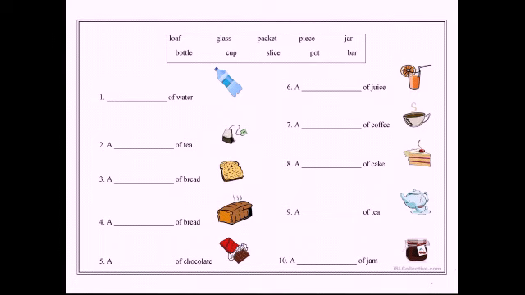That you all are familiar with, right? Okay. A dash of tea. A pot of tea. Last one, a dash of jam. A jar of jam. Or you can say a jar of pickle. All these are partitive nouns.